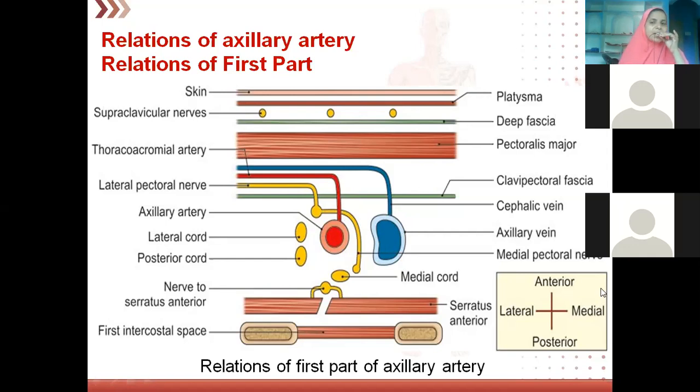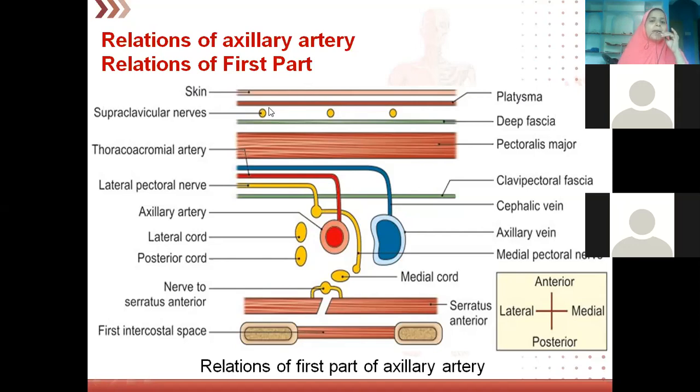We saw the pectoral region yesterday. When you start dissecting, the first thing you come across is skin, and below the skin you have platysma, which arises in the thoracic region and goes to the neck.